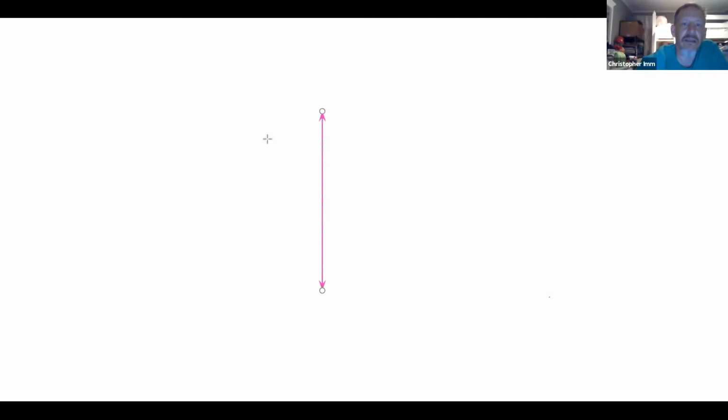I can go ahead and make some axes here. And if I wanted to go ahead and plot this line, the line was y is equal to negative 7/4 x minus 1/2.